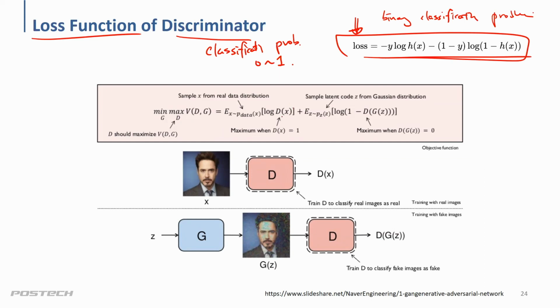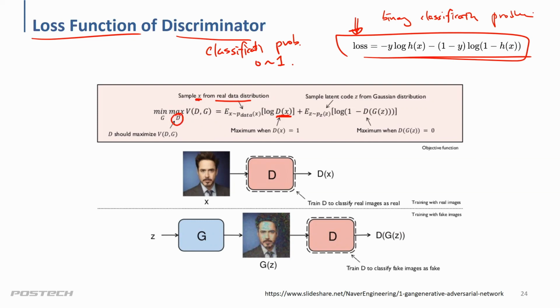D of x, where x is coming from real data, is fed into the discriminator. Let's think about the discriminator first.